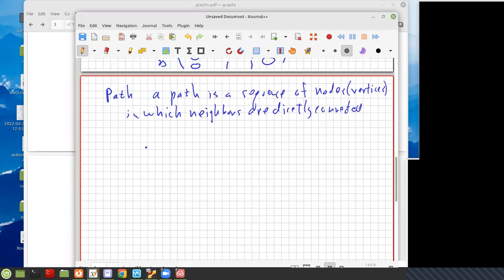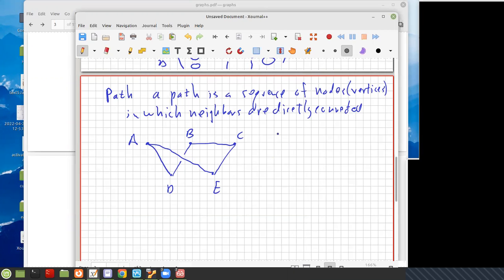So let's draw another graph. A path is going to be a sequence of these letters.